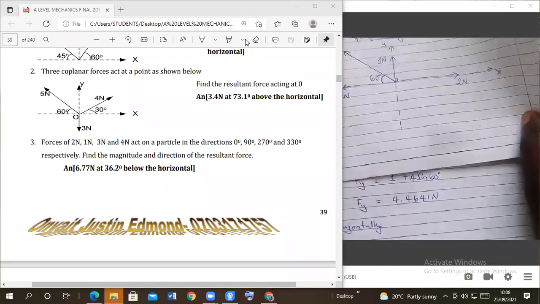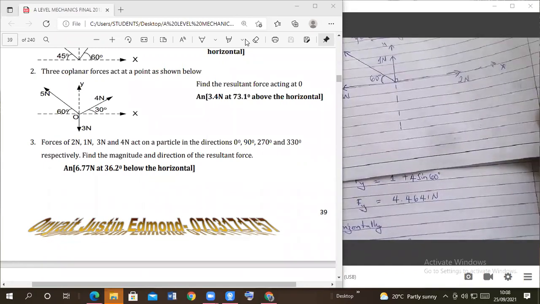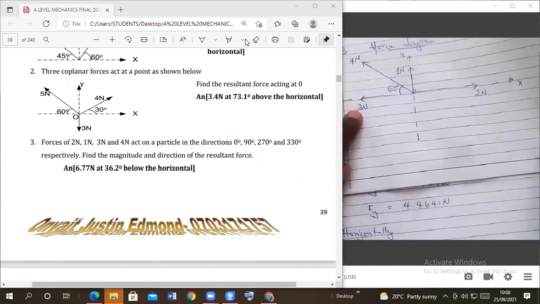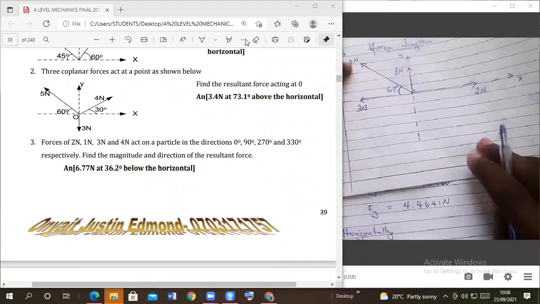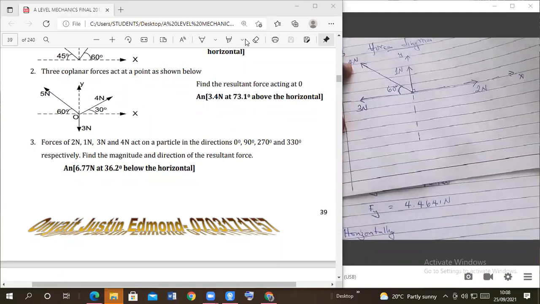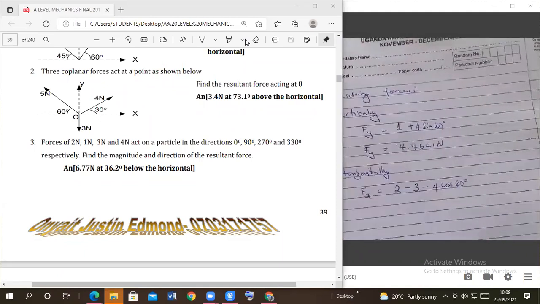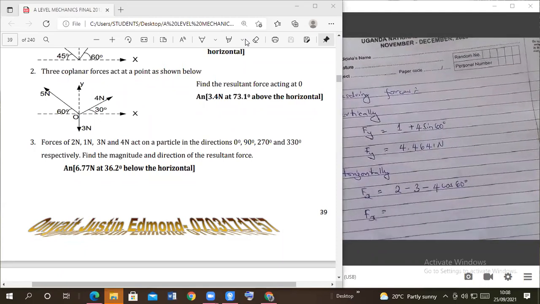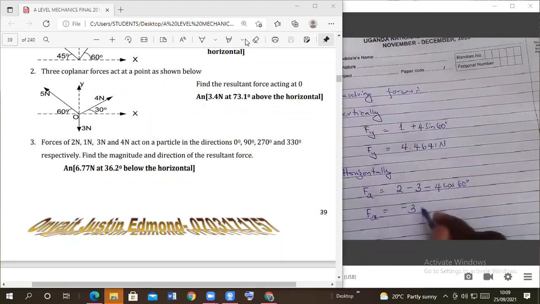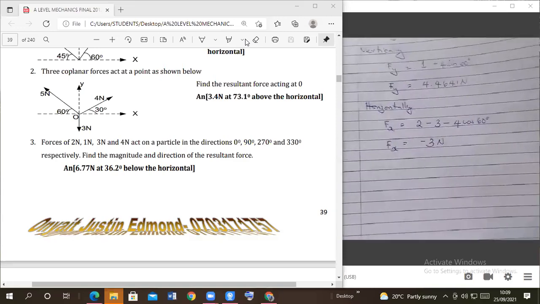So minus 3, then minus this 4, which is 4 cos of 60. So Fx equals 2 minus 3 minus 4 cos of 60. What do you get? We get negative 3 Newton. So we have resolved the forces.